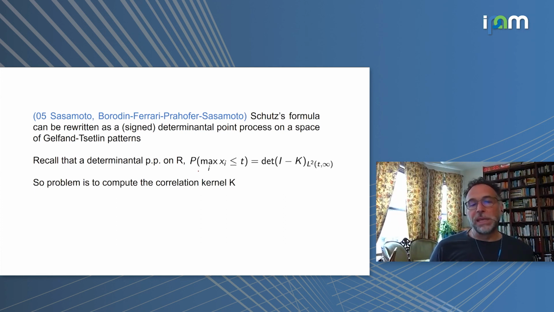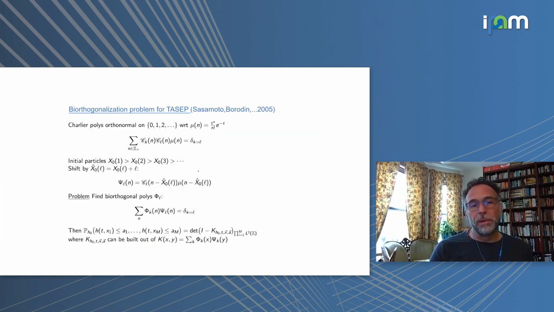And then the problem became to compute the correlation kernel of that determinantal point process. And I'll just finish with this problem. The kernel of the point process is at the bottom of the page. It can be written as the sum over k of phi's and psi's.